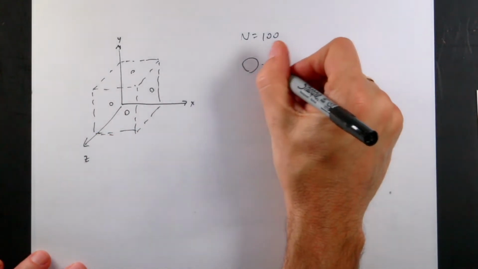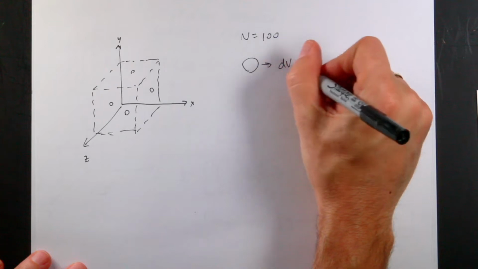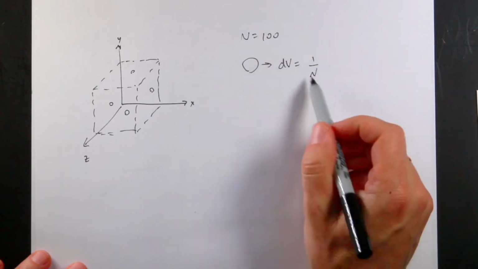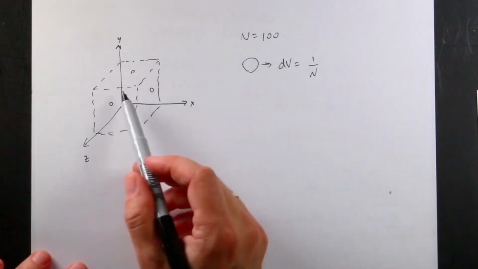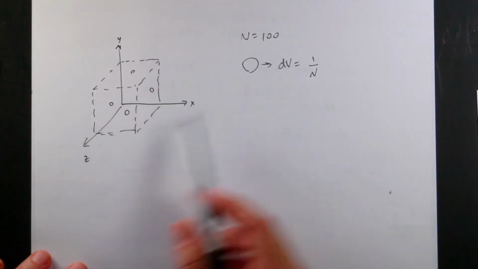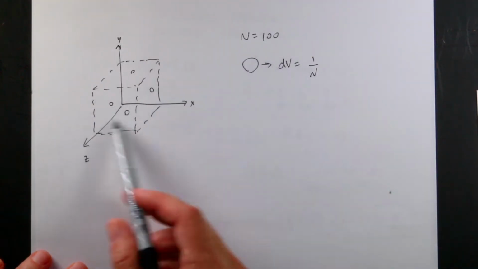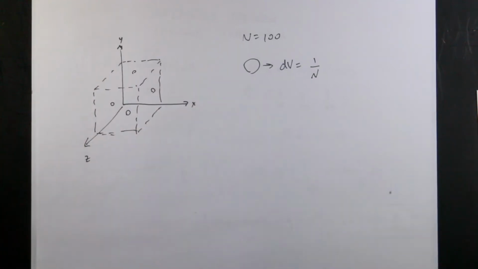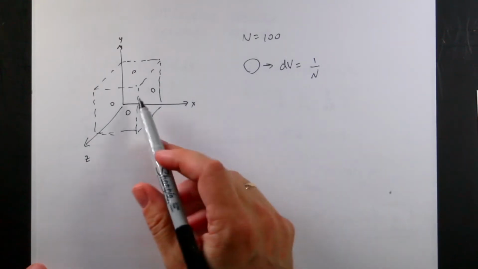Each one of those spheres would have a volume dv equals 1 over n. I want these 100 points to have the same volume as the cube, even though they don't all perfectly line up. Some of them may overlap, and some may extend a little bit beyond the boundaries, but that's fine.